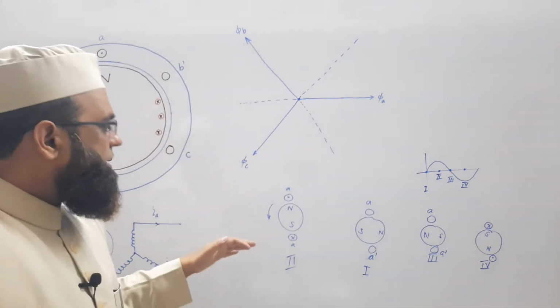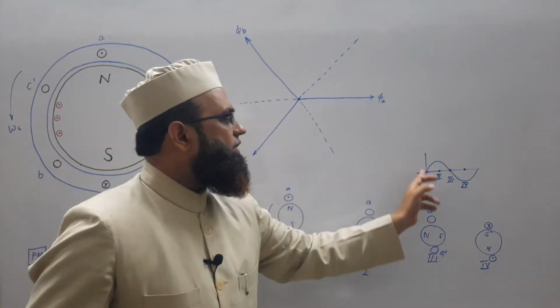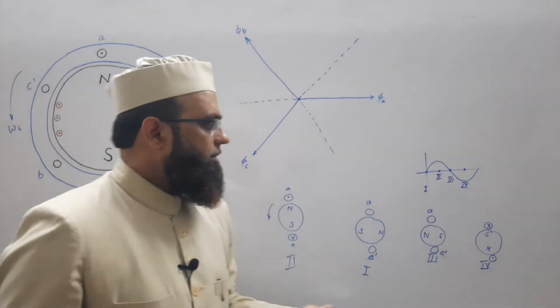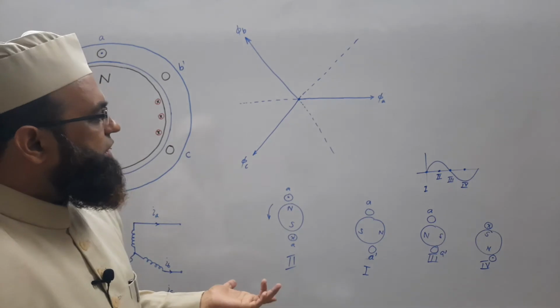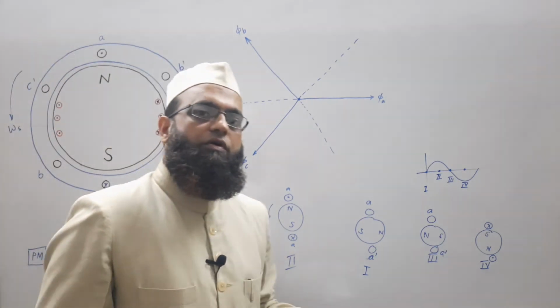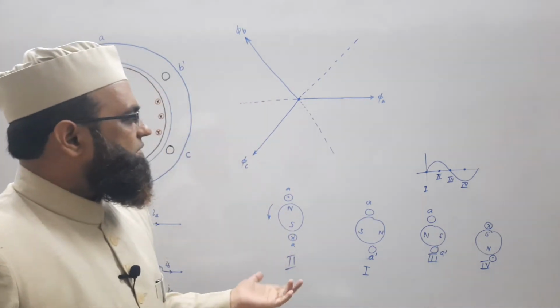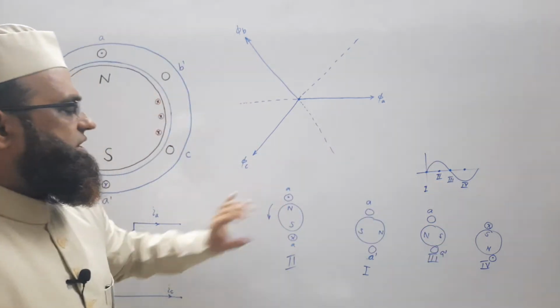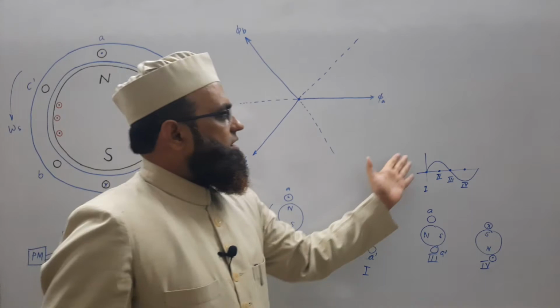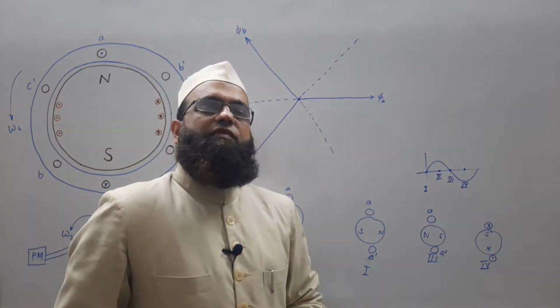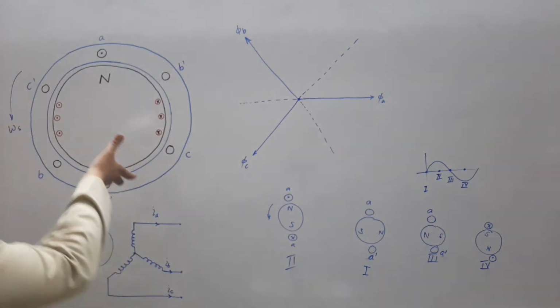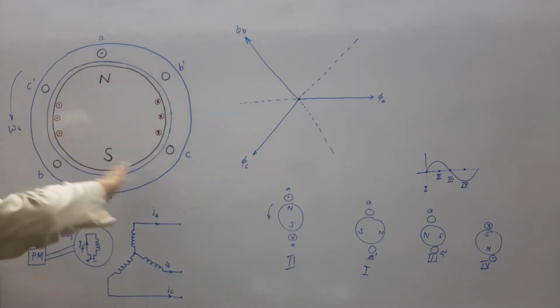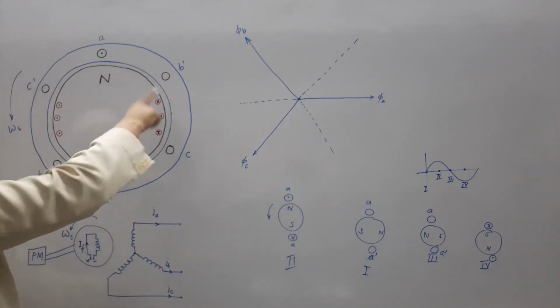Flux linkage starts from 0 to some maximum value in between, so corresponding flux linkage will induce EMFs of varying amount, like this. So this way in phase A we can say that a sinusoidal EMF is induced as rotor rotates, we have talked about one complete rotation, right?